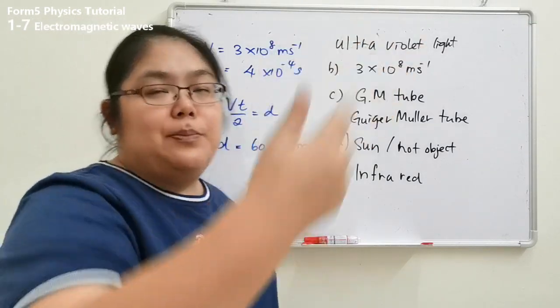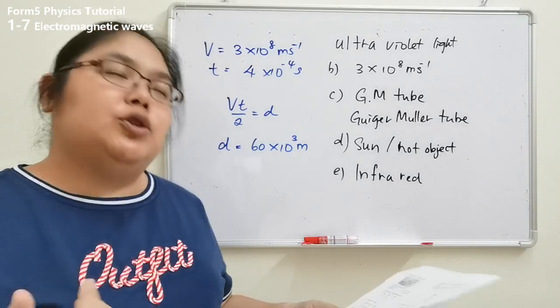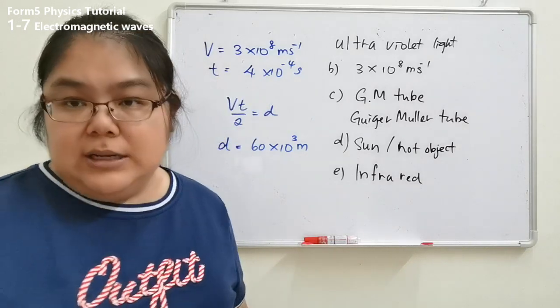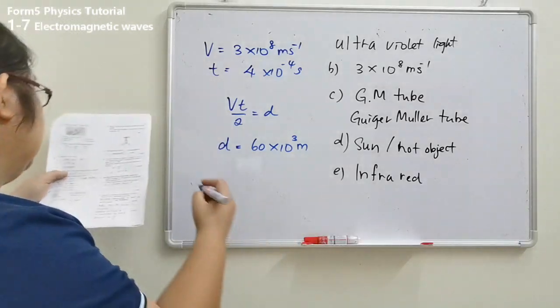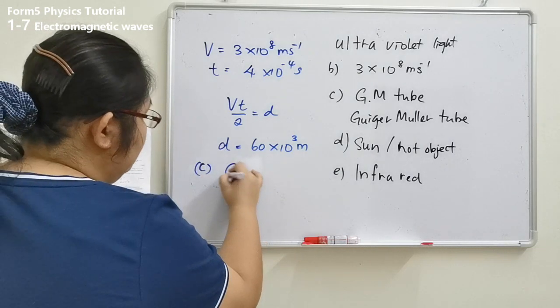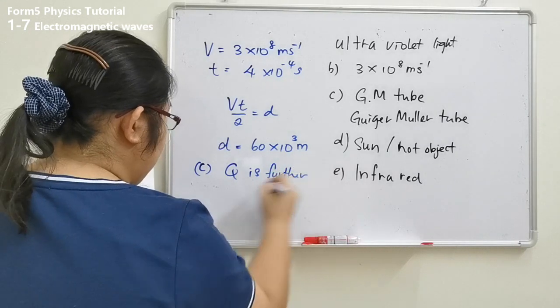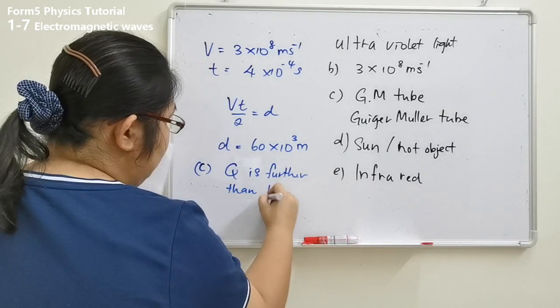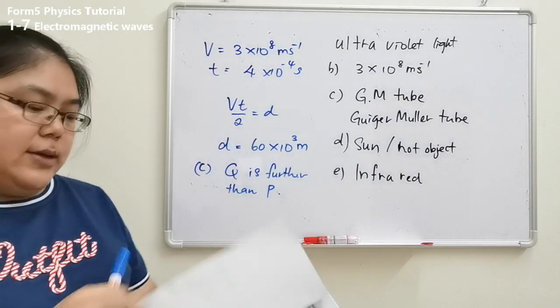They say they detect P first, then later they detect Q. So they ask you about the distance. Sure, Q is further than P. So your answer for C is Q is further than P. Okay, so this one is the answer for the last question.